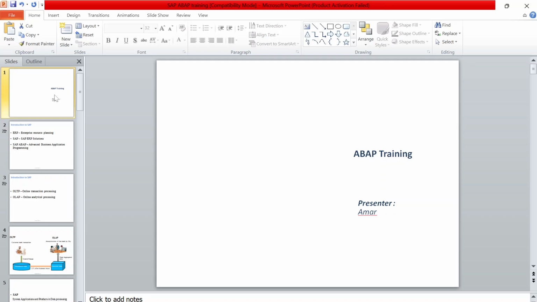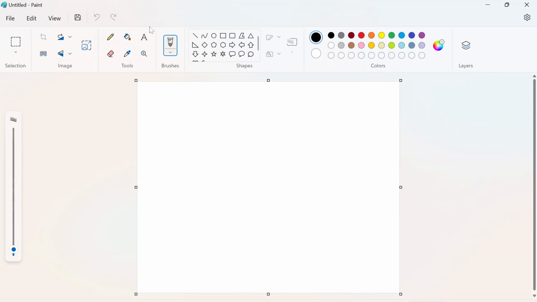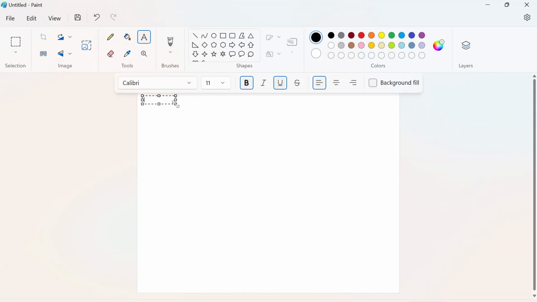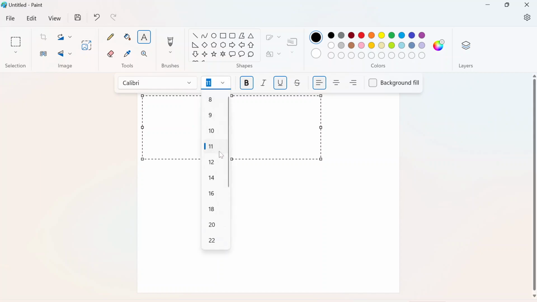Before that, we have some basics of ERP. We'll understand the basics of ERP. And about the content, what we are going to cover in this course is SAP ABAP, Core ABAP.